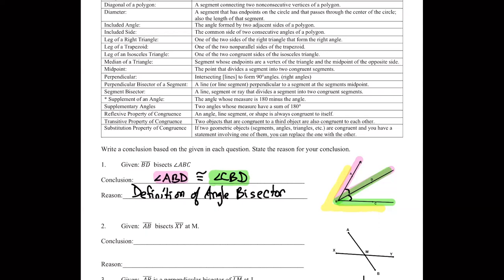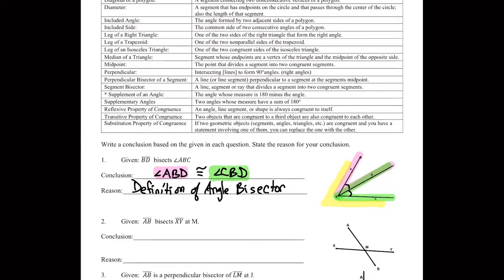Right? AB bisects XY at M. So what that's telling me is that AB is the bisector to XY, meaning it's the knife that's cutting XY in half.